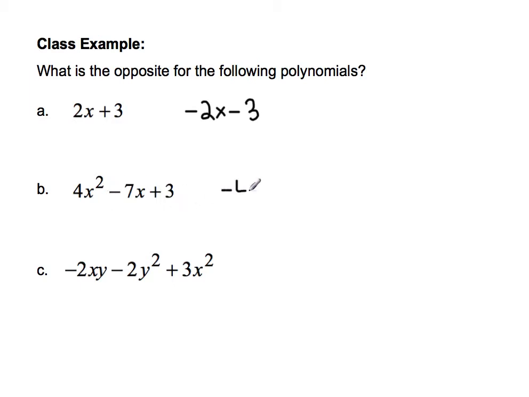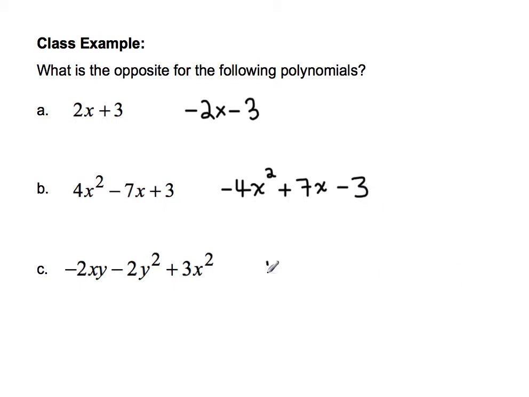If I want to zero out that trinomial, I have to put the opposites. So negative 4x squared is opposite from positive 4x squared. Positive 7x is opposite from negative 7x. And negative 3 is opposite from positive 3. So these two trinomials are called opposite polynomials.